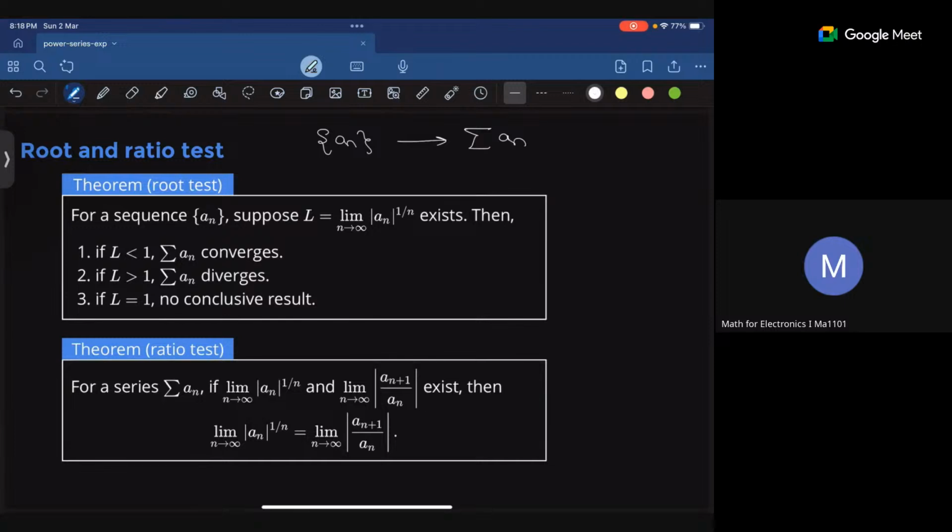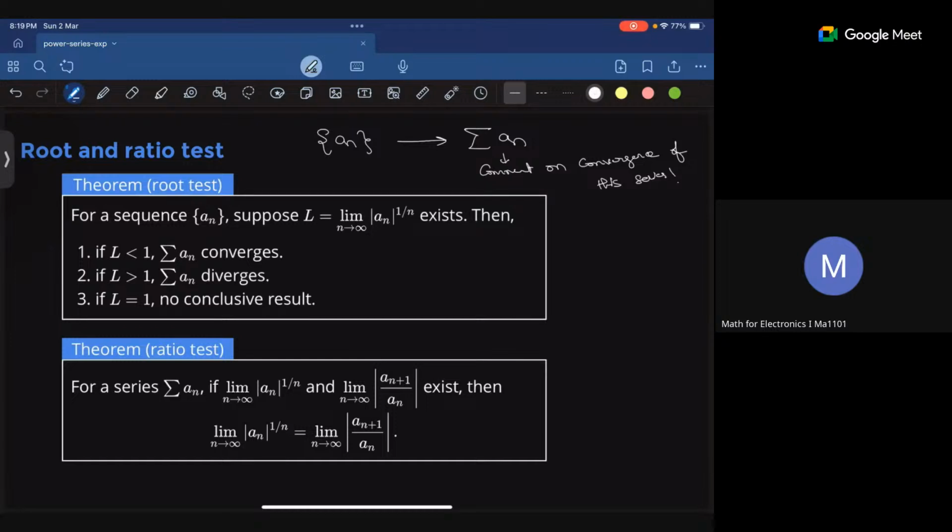So this is the series and this is the sequence. Now we are trying to comment on the convergence of this series, and we are going to use these very well known tests.